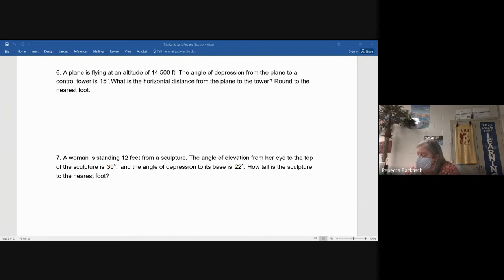I would have to solve this part, and I would use tan to do that. Tan of 30 equals A over 12. And then I would have to solve to find this part and say tan of 22 equals B over 12. And then I would add A plus B to find out how big the sculpture is.